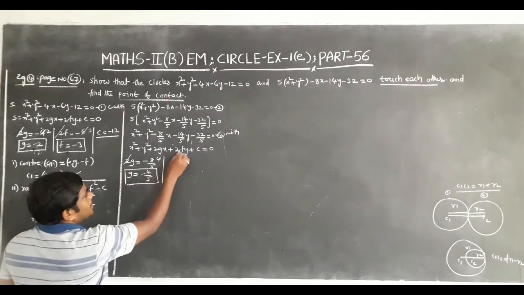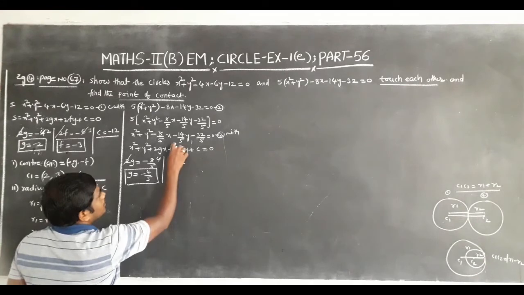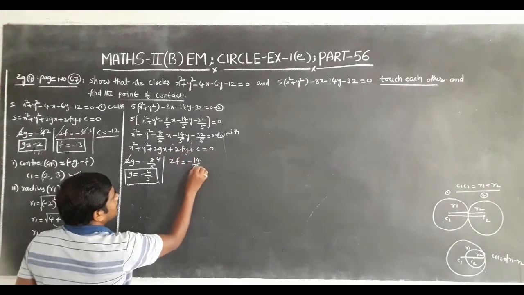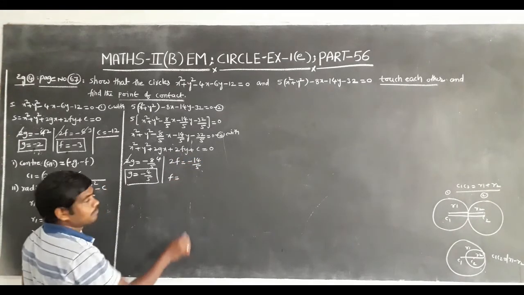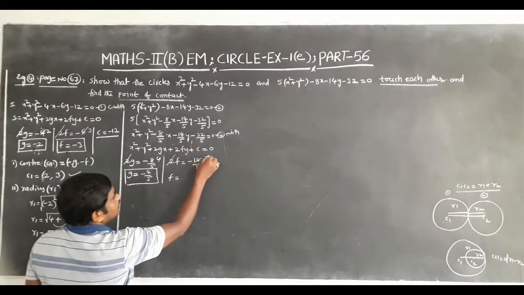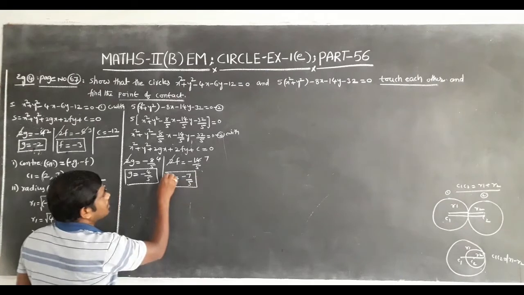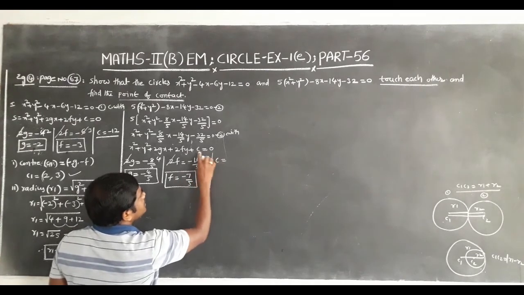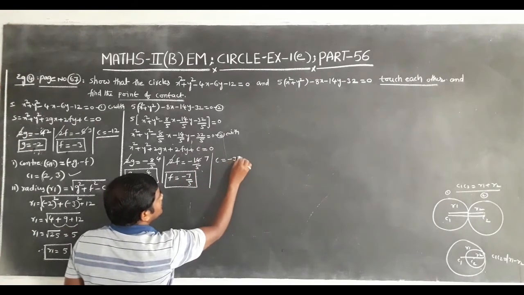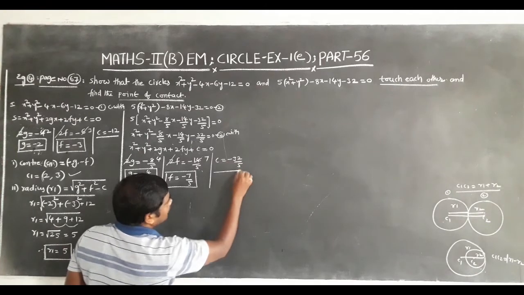Y coefficient 2f is equal to minus 14 by 5, f is equal to minus 7 by 5. Constant c is equal to minus 32 by 5.